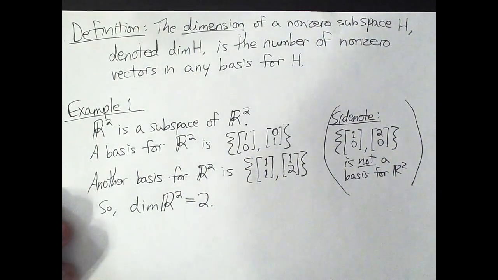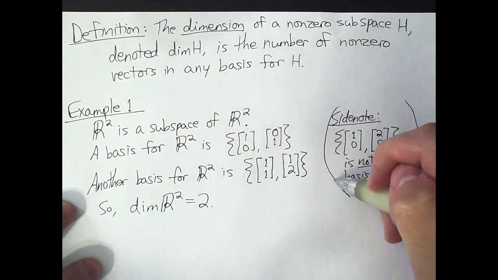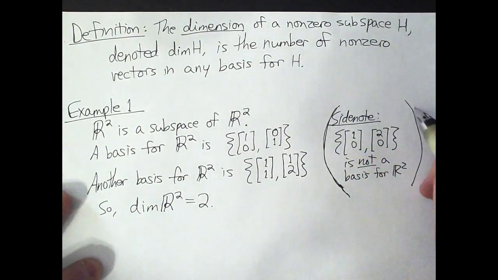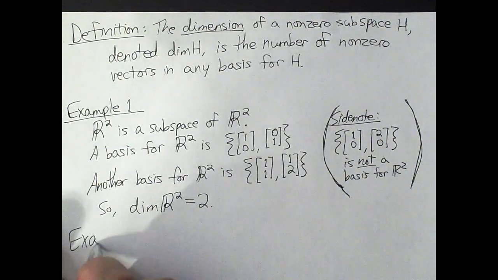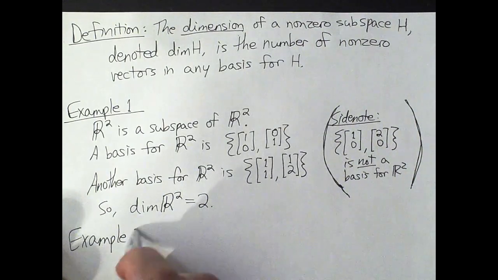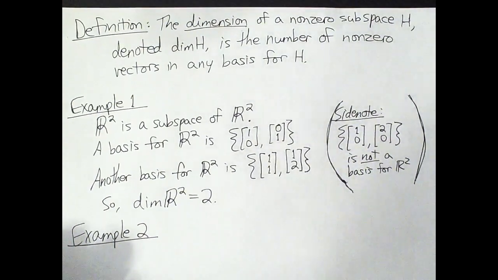So, no, you can't just pick any two. They have to span the space, and they have to be linearly independent. It's not just any two that are going to work. So being a basis is kind of a special property.